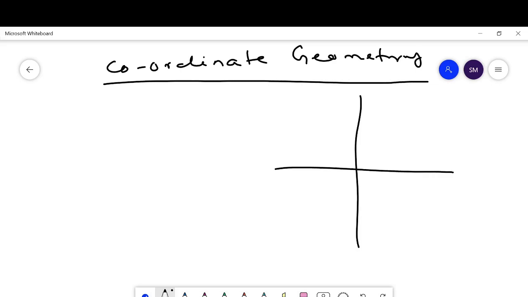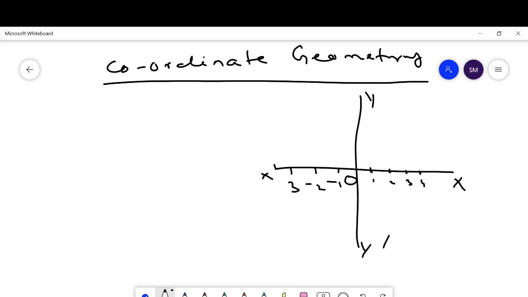Suppose this is the x axis, this is x dash, this is the y axis, this is y dash. Then this is coordinate 1, 2, 3, 4. This is -1, -2, -3.